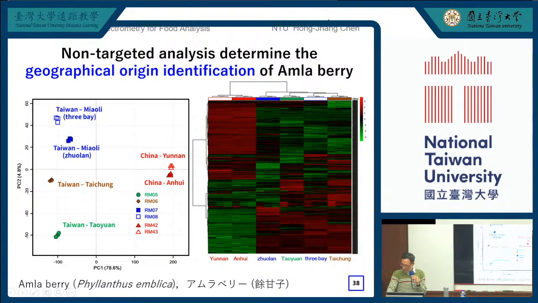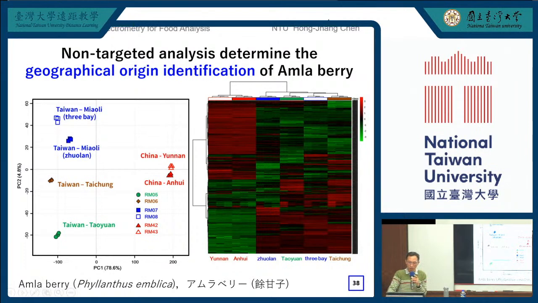So in this experiment, we can discriminate the Amaranth from China and Taiwan. And of course, we can localize the specific geographical origin. This is Miaoli, and this is Taichung and Taoyuan. So we can identify where each sample comes from. Okay.